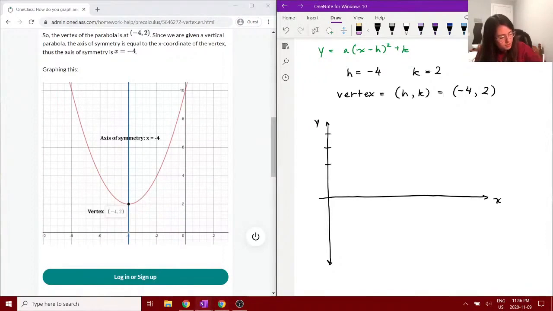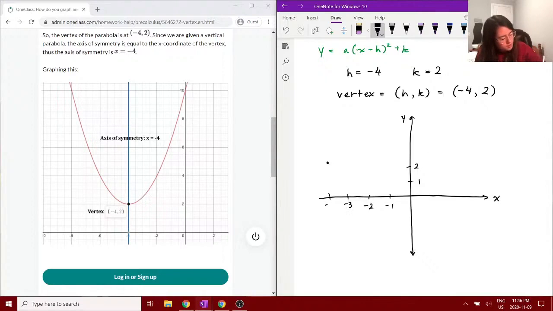Sorry, I was thinking of a different question. Here we go. So minus 4, 2, 3, 4. The vertex would be around here. If this is 2, we draw that. 1, minus 2, minus 3, minus 4. So we know that our vertex is at minus 4, 2.